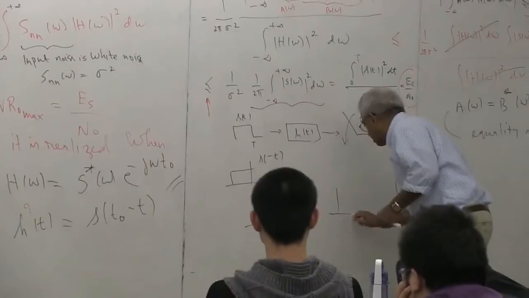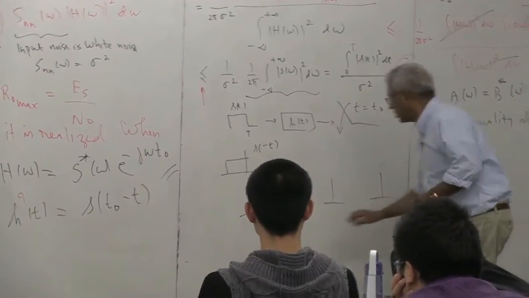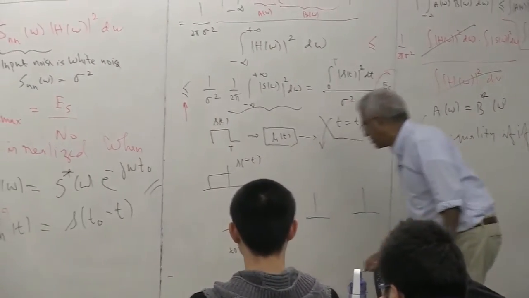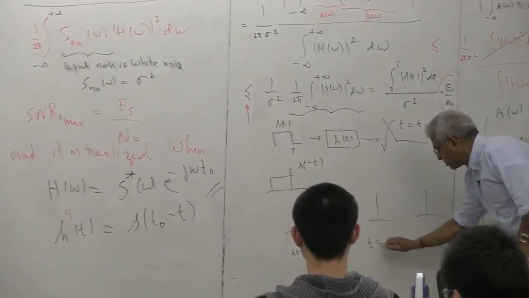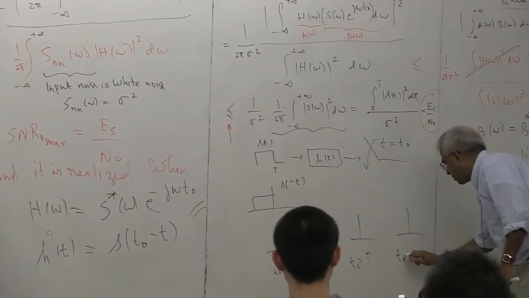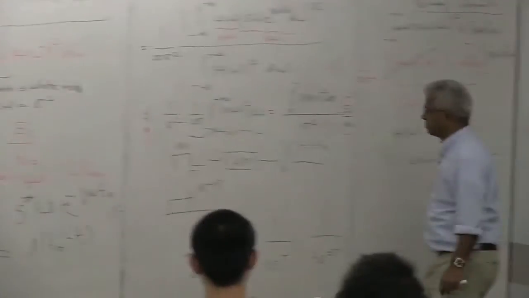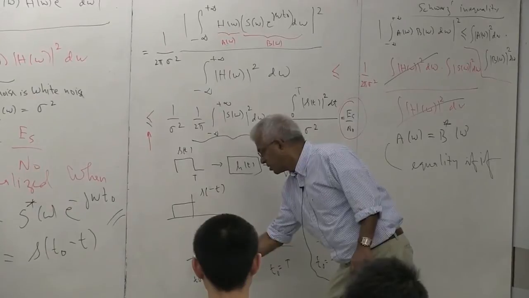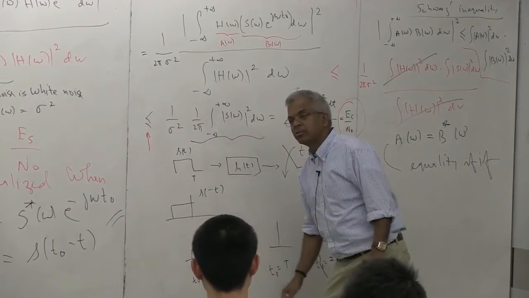Depending on t naught, I'll draw 2-3 cases. So this is t. Let's say I decide that the decision will be made at t by 2. Decision is going to be made at 2t, for example. So this is S of minus t. If you shift it by t by 2, it will look like this, right?